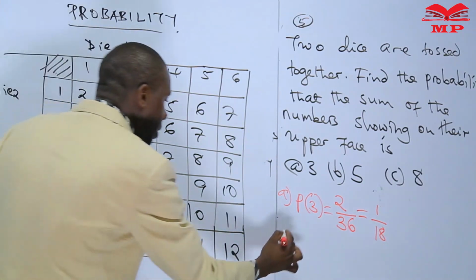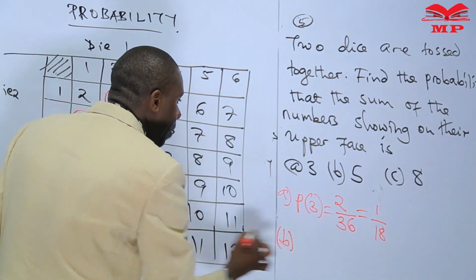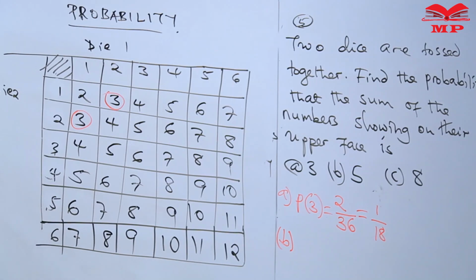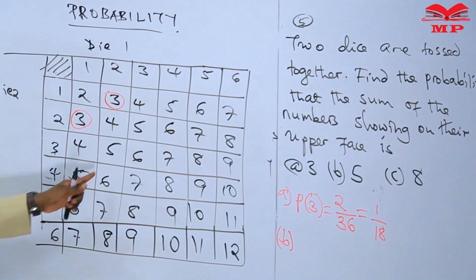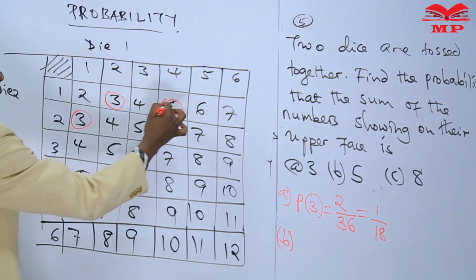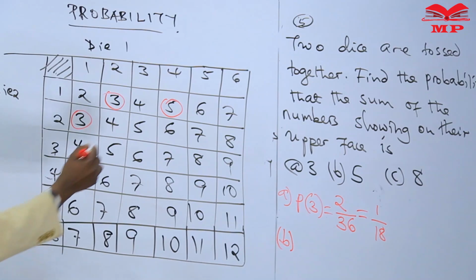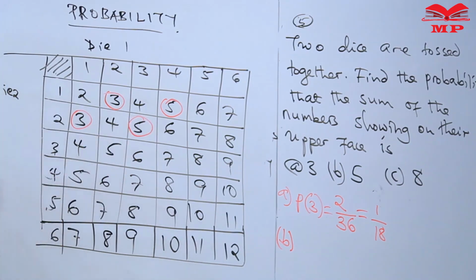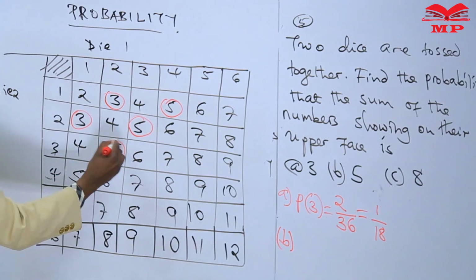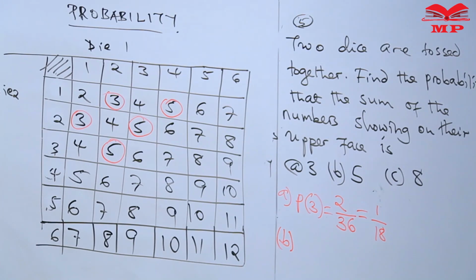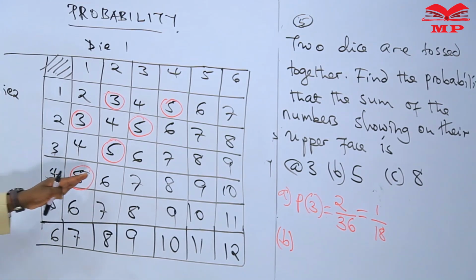What about number B? Number B can be given by where we want the sum to be 5. So we will surround all situations where our sum is 5. So we have 1, we have 2, we have 3, we have 4. So what is the probability that our sum is 5?